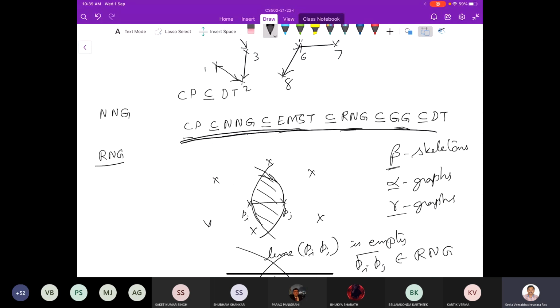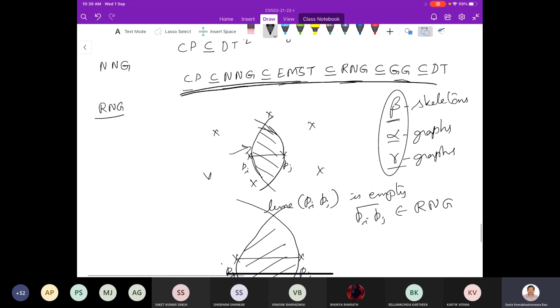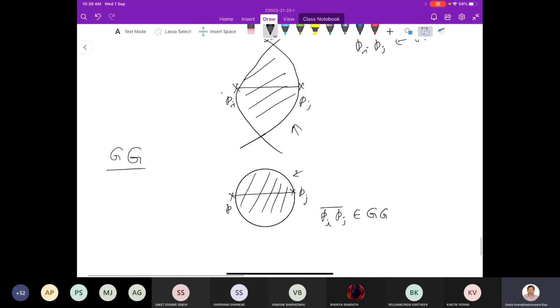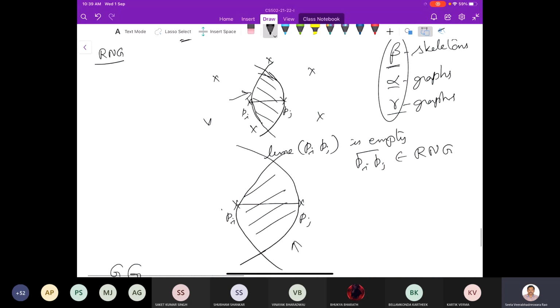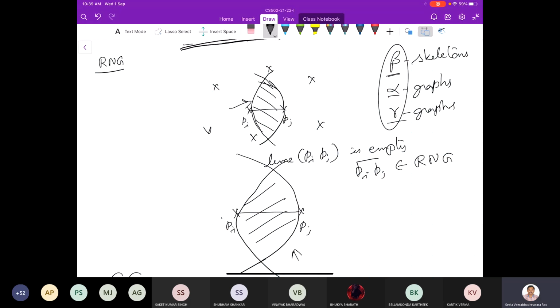Depending on the different values of these parameters, you will have a different neighborhood. Here the neighborhood is fixed as the intersection of two circles, and in this case just a circle. But in this case, we define a neighborhood in terms of the parameters alpha, beta, gamma. So different parameters give different neighborhoods and you will get different graphs.